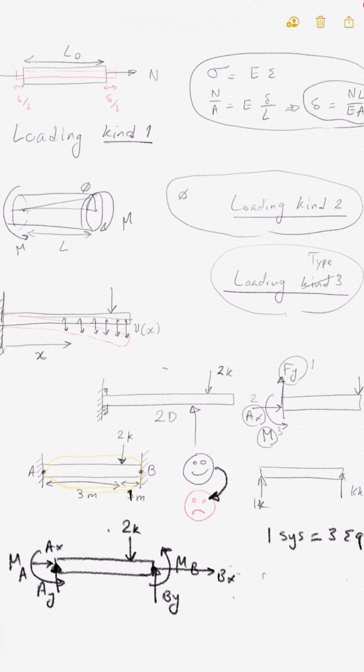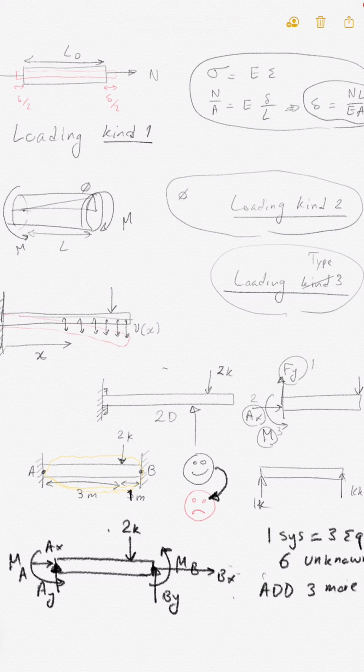But how many unknowns do I have? I have 1, 2, 3 here on the left, and 3 on the right. So 6 unknowns. And this is pretty scary because you need to add 3 more equations.